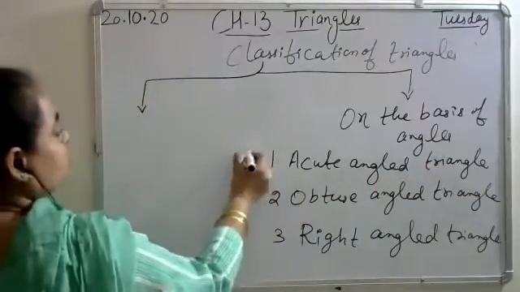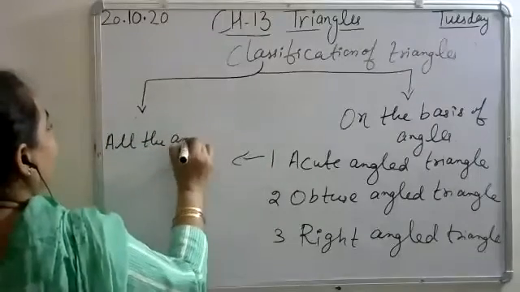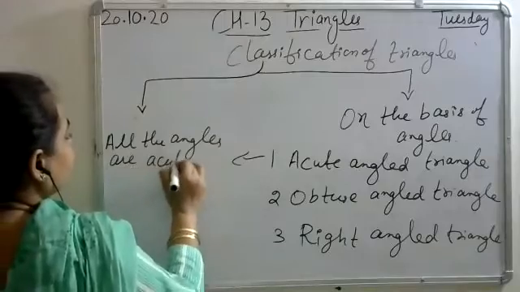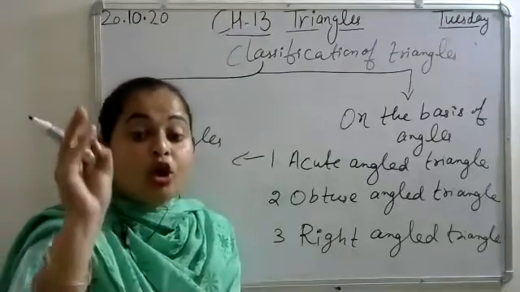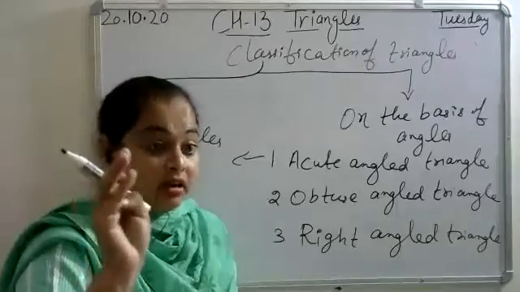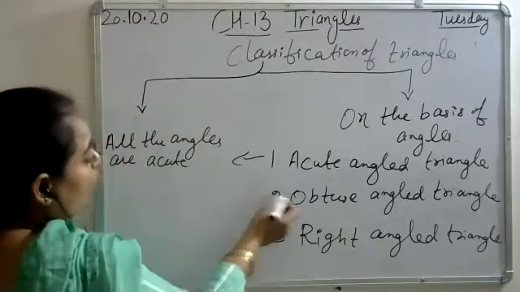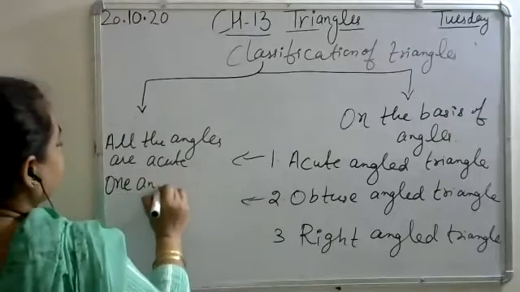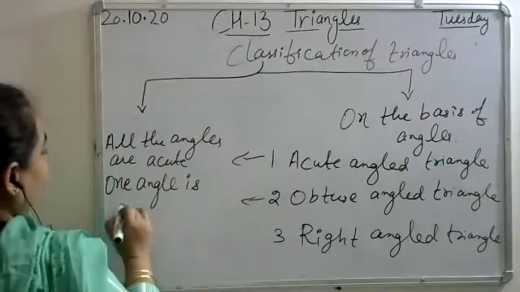Acute means all the angles are acute. And you have already done the concept of acute, obtuse and right angle. Next is obtuse. One angle is obtuse.